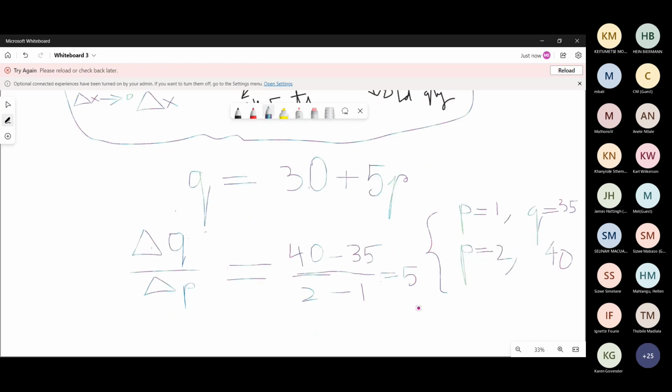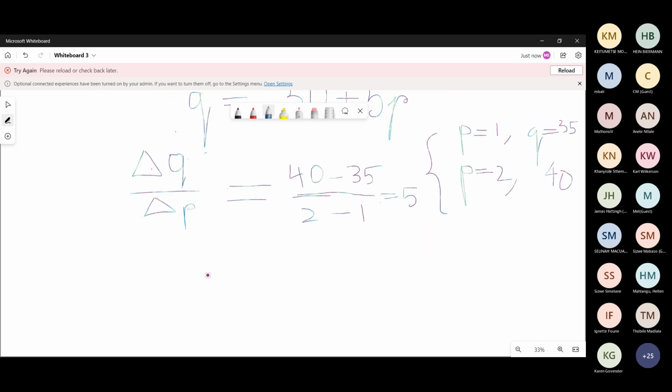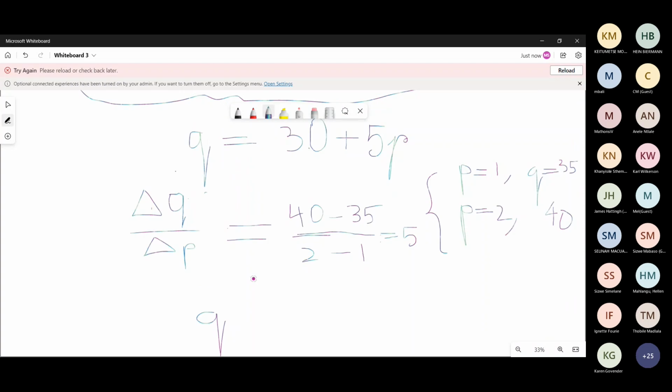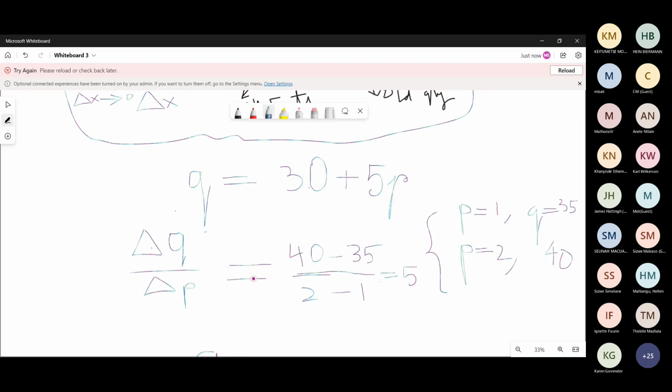Where do we get this 40? P equals 2, so 30 plus 5 times 2. This is 5 times P, and P is 2, so 5 times 2 is 10. 10 plus 30 is 40.